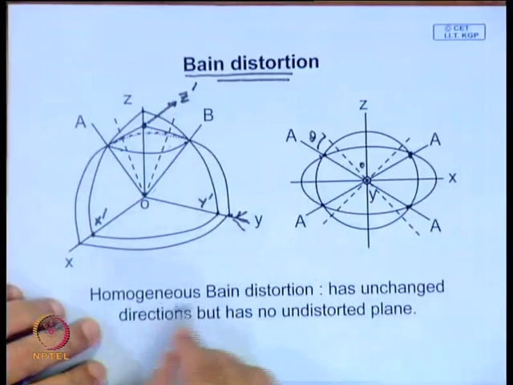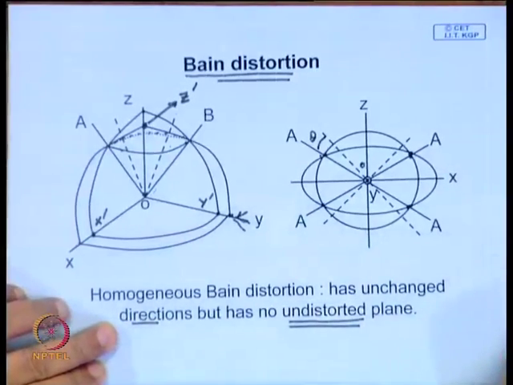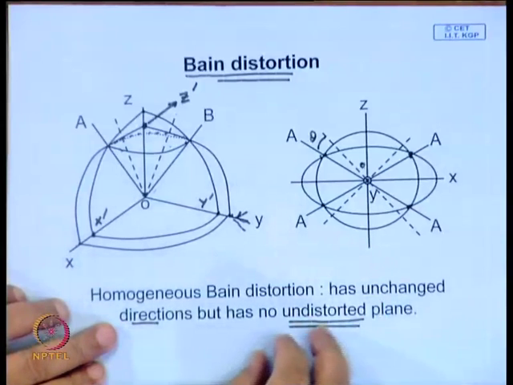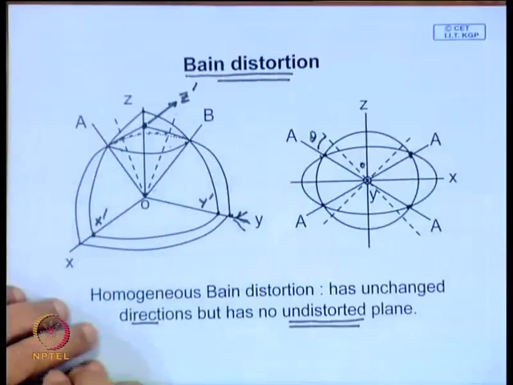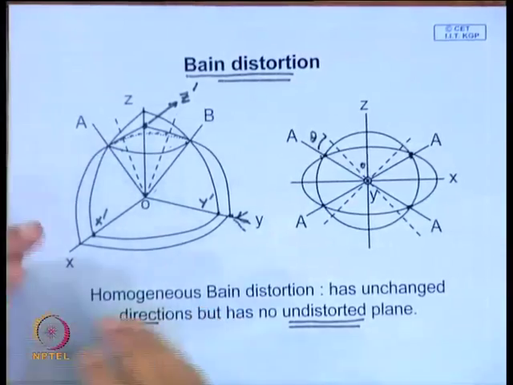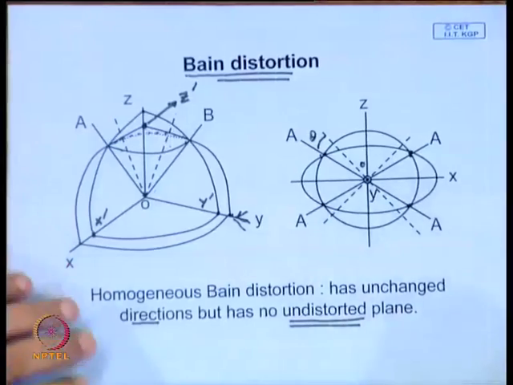So, what it means is that homogeneous Bain distortion has unchanged directions, but has no undistorted plane. And therefore, to accommodate that kind of a deformation will be extremely difficult. So, the crystal will deform, and through that it can relax the stresses, and this is possible through two processes.